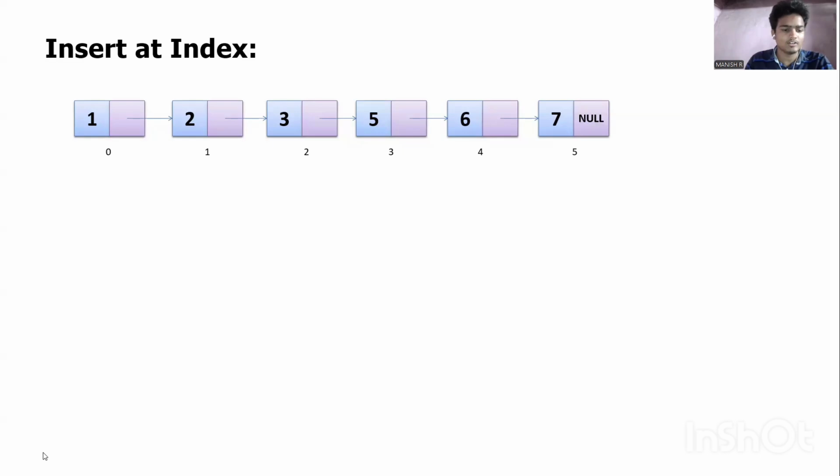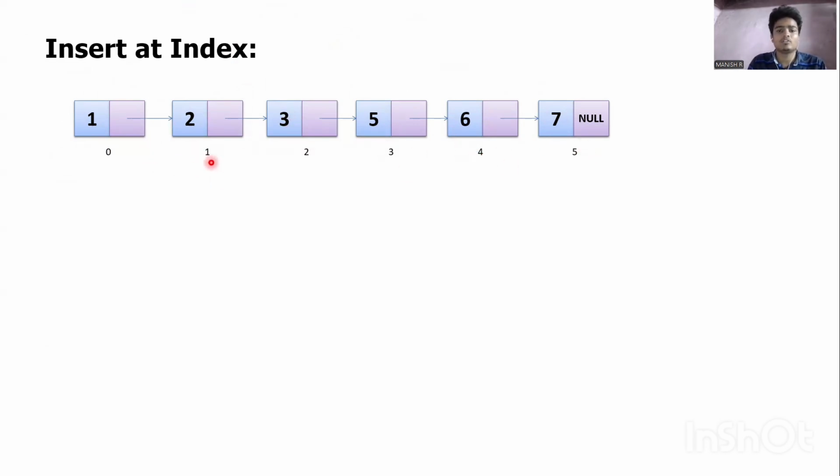So coming to the next operation, that is the insert at a particular index, that is the insertion of a node at a particular index. So for example, if you have a linked list like this, 1 2 3 4 5 6 7, and assume that we are having the indexes for each node, that is 0 1 2 3 4 5.